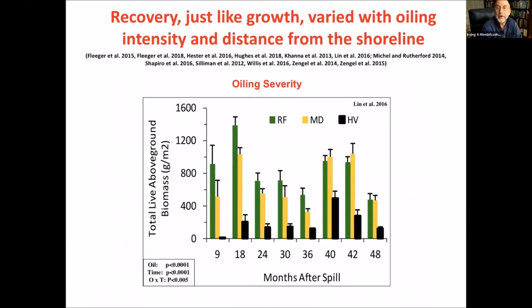For example, this graph from Lin et al. from the Bay Jimmy area shows that moderately oiled vegetation, those are the yellow bars, recovered to reference levels, the green bars, after just 40 months, while in contrast, heavily oiled vegetation, those are the black bars, did not recover to reference levels even after 48 months. So obviously, the extent of oiling has a major effect on recovery, as well as initial impact.